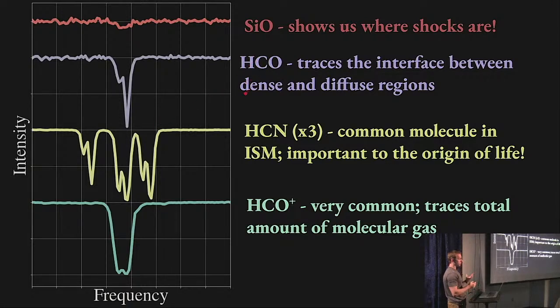This molecule traces the boundary between more diffuse and dense regions, so it tells us about the structure of the clouds. And then there's SiO. This tells us where shock waves are present in the interstellar medium. I'm going to come back to this one. So looking at different molecular species in the interstellar medium is useful because they all tell us different things about the interstellar environment.